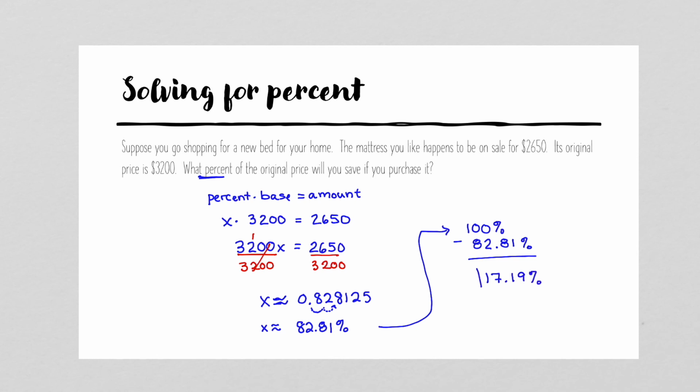This here represents the discount. How much was our mattress discounted by? It was discounted by 17.19%. That's what made the sale price, $2,650, be 82.81% of the original price.